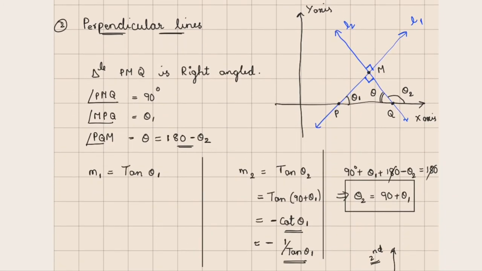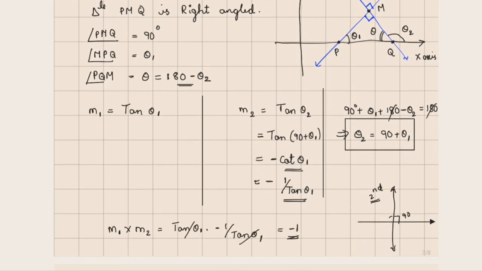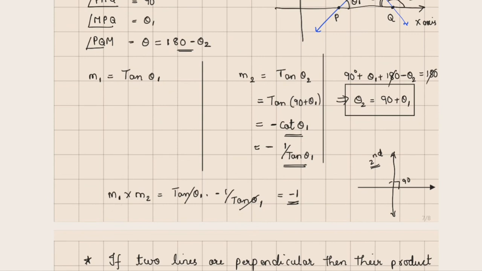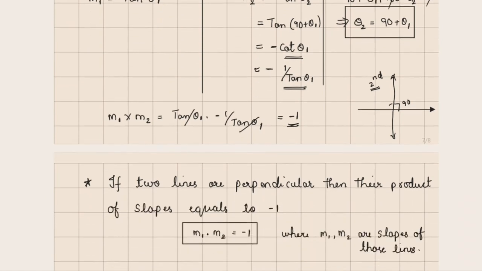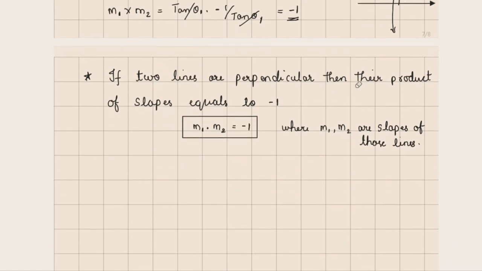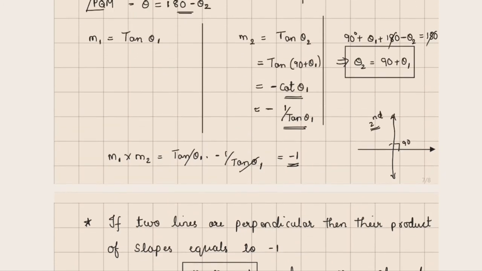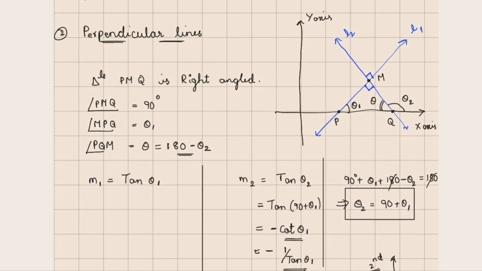Next, for perpendicular lines, we got a good result where the product of their slopes is minus 1. So if any two lines are perpendicular, then the product of their slopes is equal to minus 1, m1 into m2 equals minus 1. We have seen this from the triangle PMQ, where the sum of the three angles is 180.